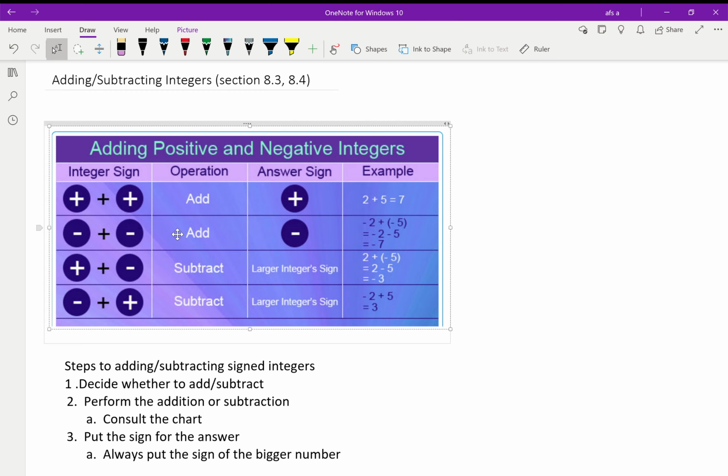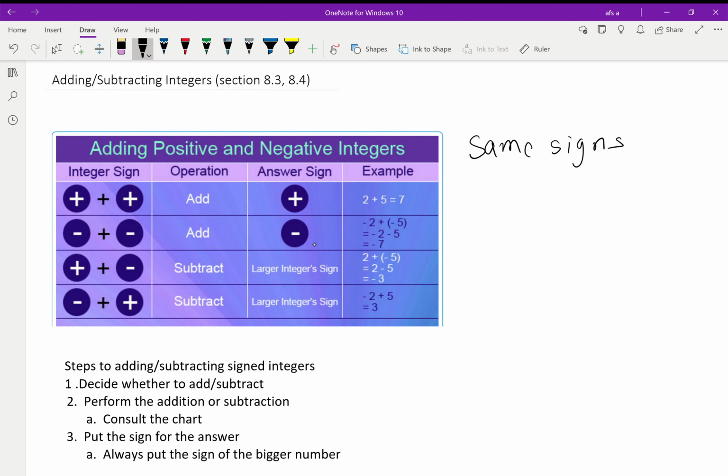However, the sign in the final answer is also going to be the same sign, which is negative. So the way I summarize this in my head is: same signs add. The acronym that I'm using for that is SSA.